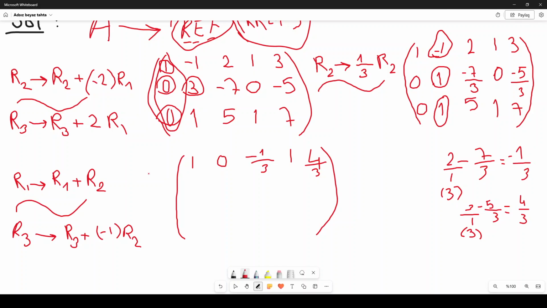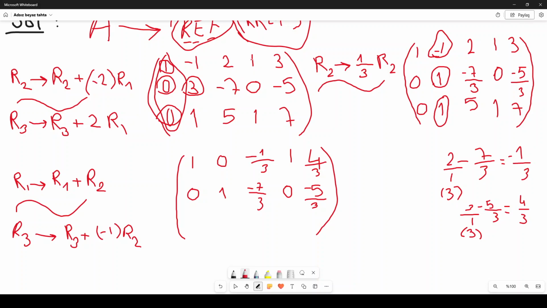Okay, and in the second row we have not done anything at this step. So I just put the values as they are. Minus 5 over 3.